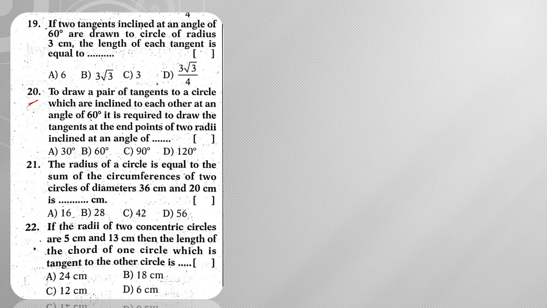So what he has given is a circle, and these two tangents are making an angle of 60 degrees. Now if two radii are drawn at the endpoints, what is the angle between the two radii?